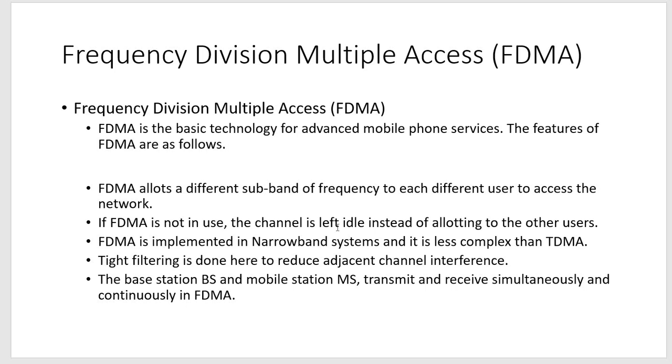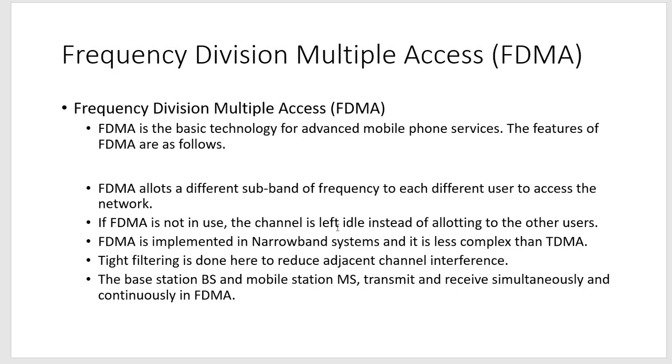If the channel is not used by the users, then it's kept idle. It's not allocated to other users. So this is an unused channel. Efficiency is very low if there are no users in the frequency allotment. Then the frequency is wasted.